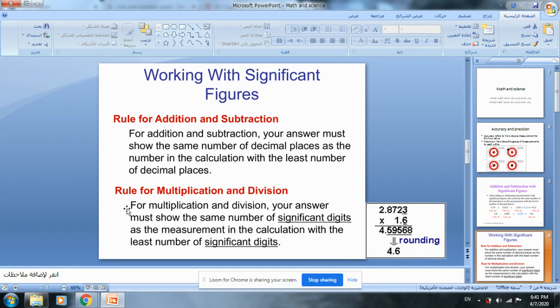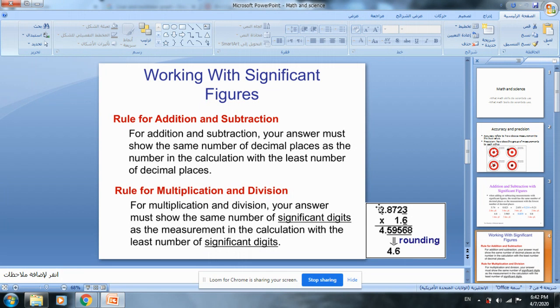We use the significant digits, or significant figures rule. For multiplication and division, your answer must show the same number of significant digits as the measurement in the calculation with the least number of significant digits.